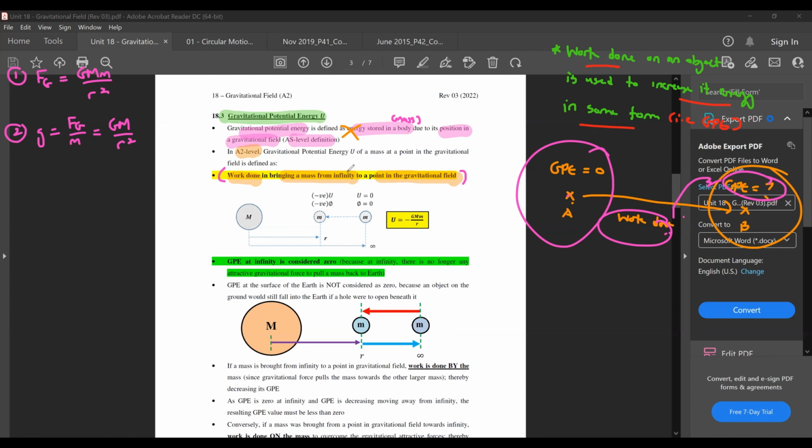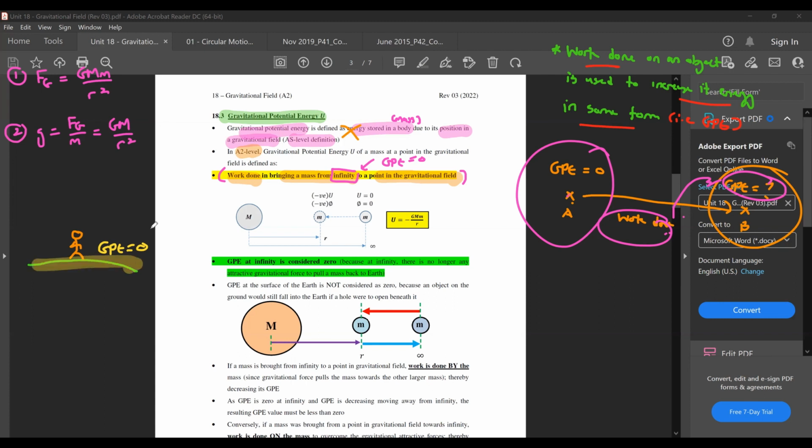The thing here is that when you are at infinity, your GPE is actually 0. Now there's a common misconception that your GPE on the surface of the earth is 0. This is something a lot of people tend to think. If this is the surface of the earth, and you have a person standing here, half the time people will say, oh, the GPE on the ground is 0.